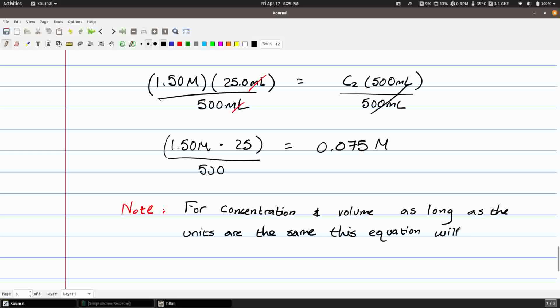If you have to convert between milliliters and liters, it's because they're given to you in two different forms. So this equation will work.